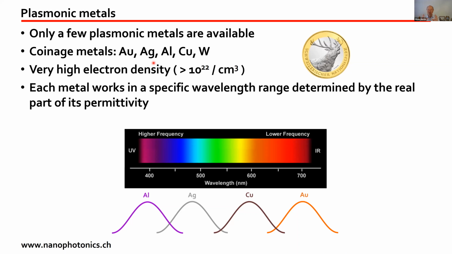This condition, epsilon equal to -2, will be as we've seen in the blue for silver, but for gold, it will be in the red or even in the infrared, for copper towards the yellow, or for aluminium in the short UV range of the spectrum. So each metal is different, and we have only a few metals available for playing around with plasmonics.